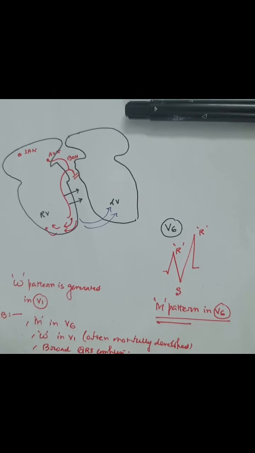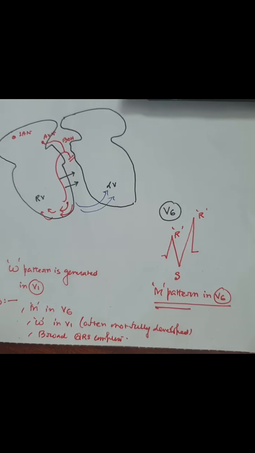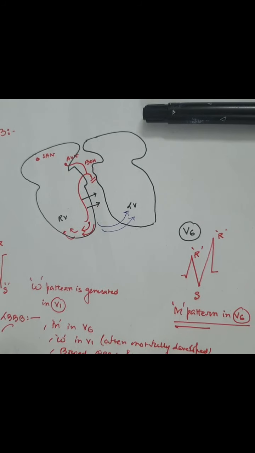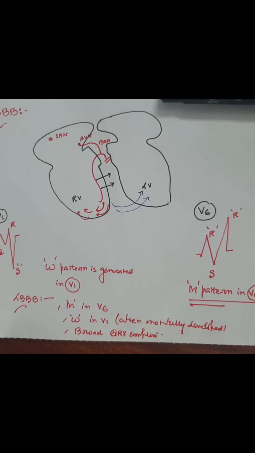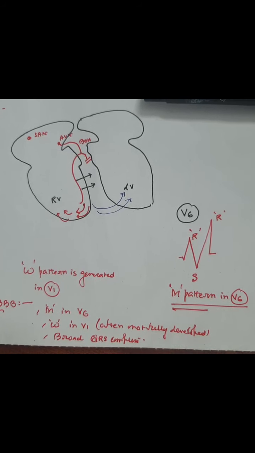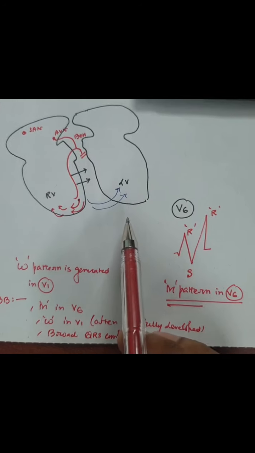So in right bundle branch block, remember the problem is on the right side of the heart. The right side of the heart is depicted in the ECG by the V1 lead. So in the V1 lead, the right bundle branch block is presented like an RSR dash pattern. But in case of left bundle branch block, the problem is on the left side of the heart.